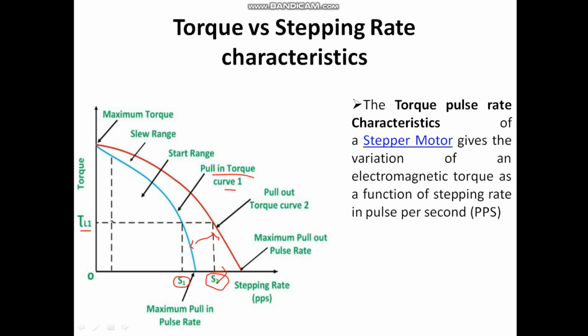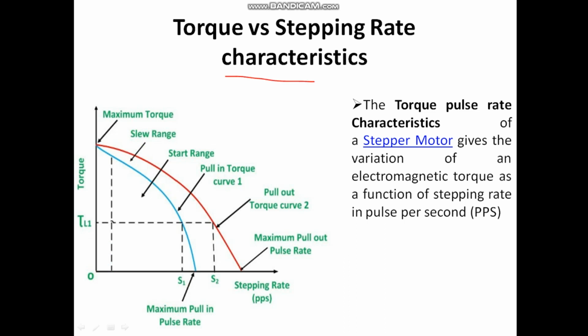That is why this range between the blue line and the red line is called the slew range. When the motor is operating here, it is said to operate in the slewing mode. So this is the characteristics graph.